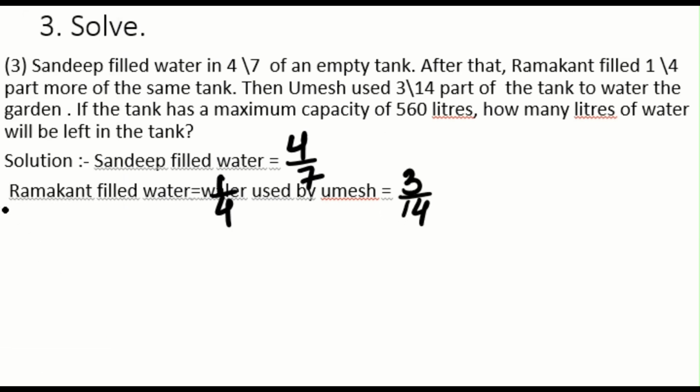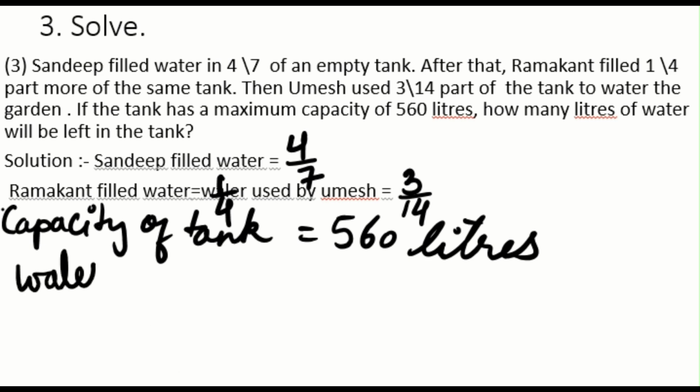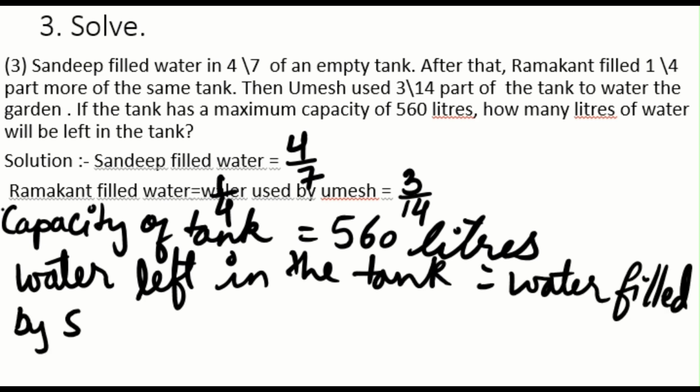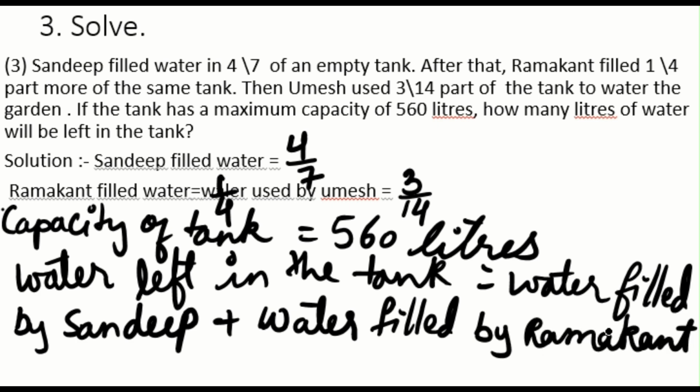And the capacity of the tank was 560 liters. So therefore, water left in the tank is equal to water filled by Sandeep plus water filled by Ramakant minus water used by Umesh.